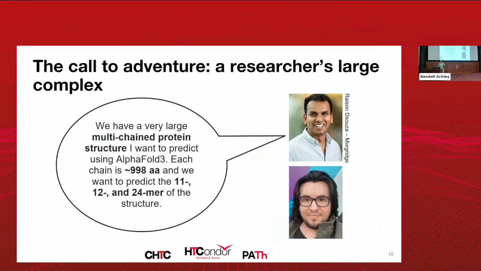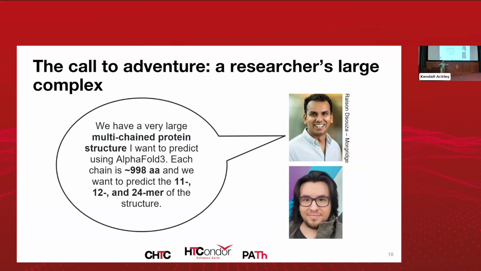And so about a year ago, Raison from the Morgridge Research Institute came down from the Singh Grant Lab and said, hey, I have this research project I'm trying to get to. We're looking at the protein structure for a multi-chain conformation of a viral protein.